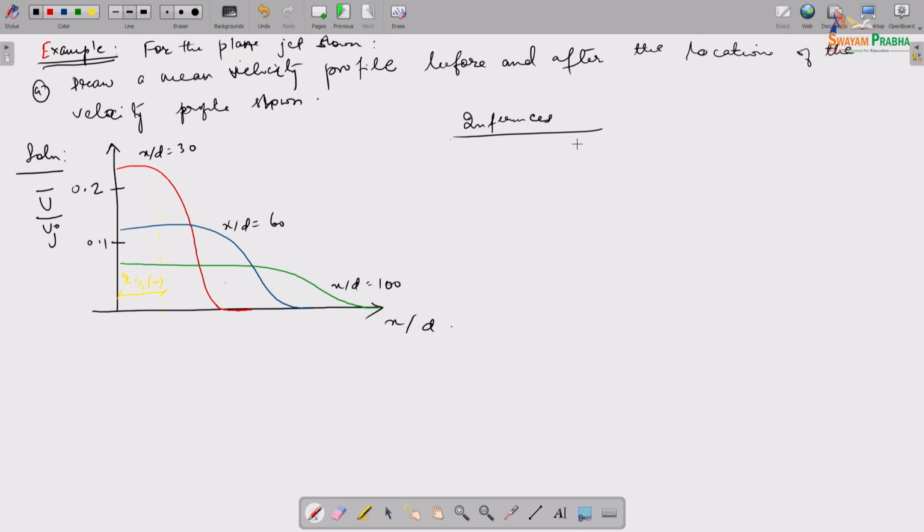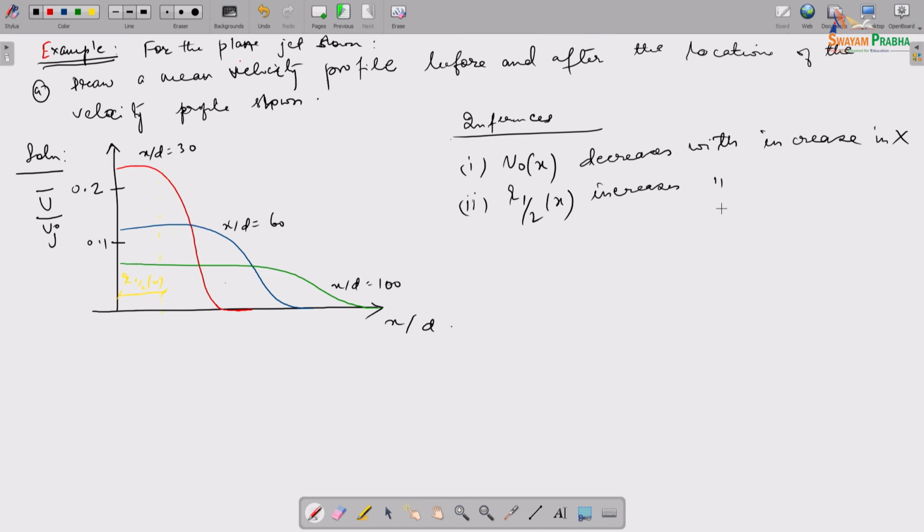Number one inference is that u naught decreases with increase in x, and r half of x actually increases with increase in x.